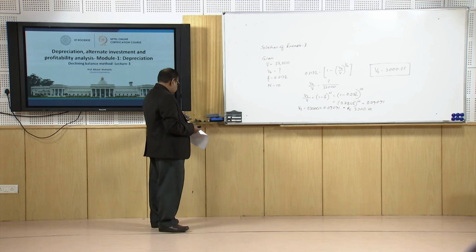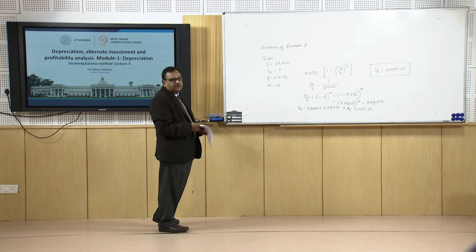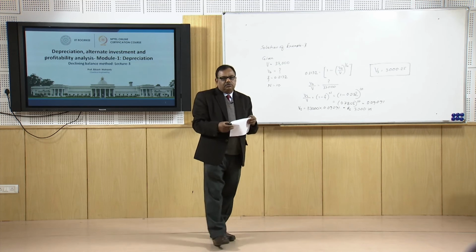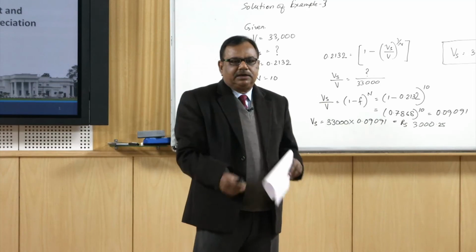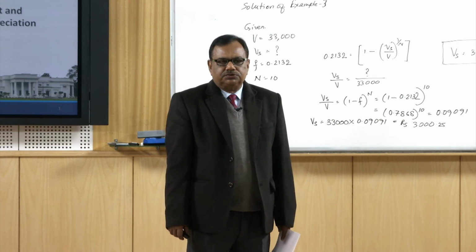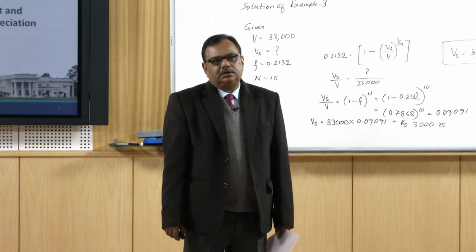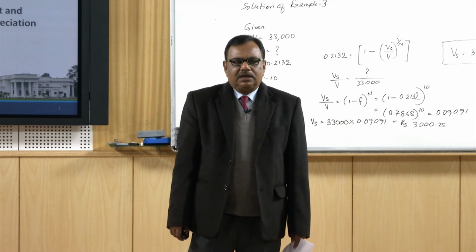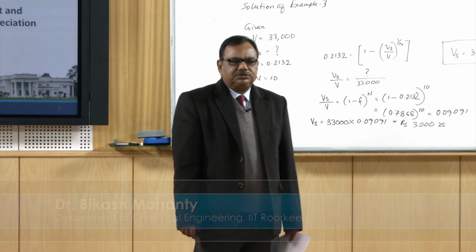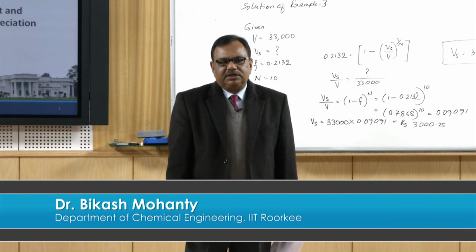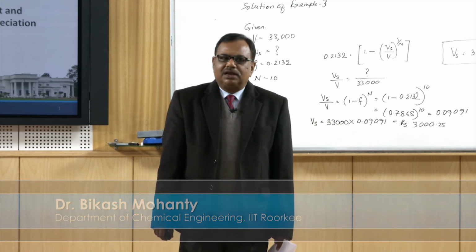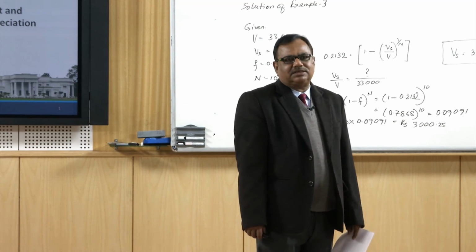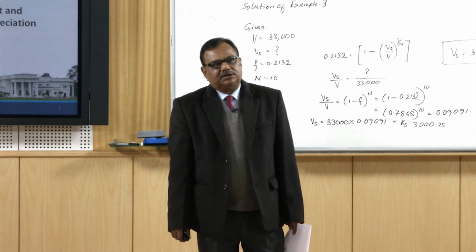Now let me summarize today's lecture. The monetary value of an asset decreases over time due to use, wear and tear or obsolescence. This decrease is measured as depreciation and can be used as a means of distributing the original cost of a physical asset over the life period during which the asset is in use, employing many methods.